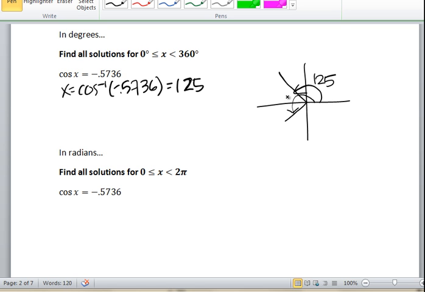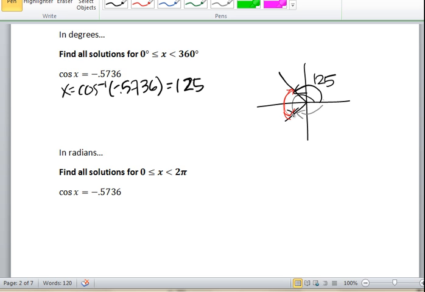So the way we've been doing it in class is that we found the supplement, right? We found that this is 180 minus 125, and then we added it to 180. Now here's another way of thinking about how to get to here. If you just imagine flipping this 125 degree angle over, isn't this 125 degrees in magnitude, right?